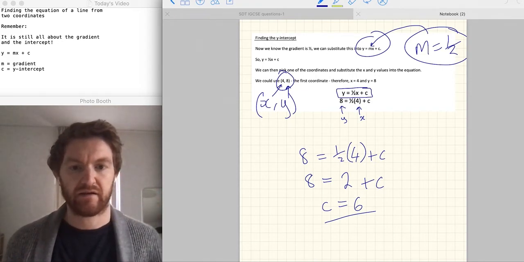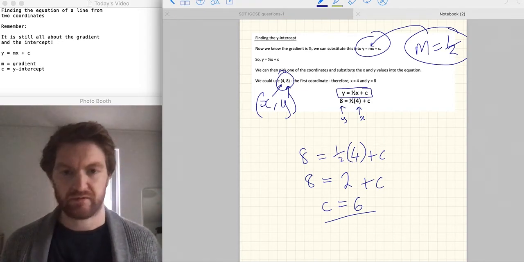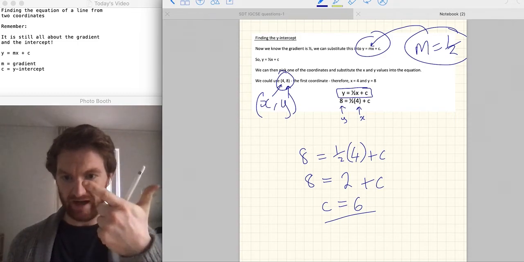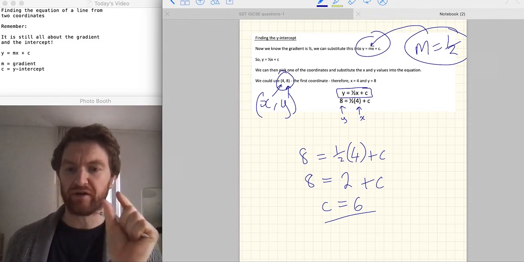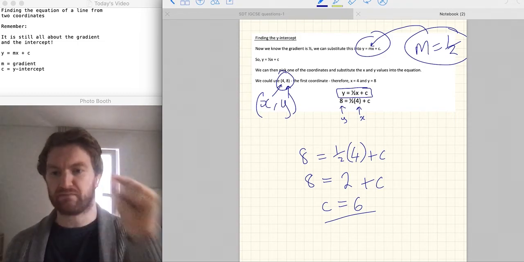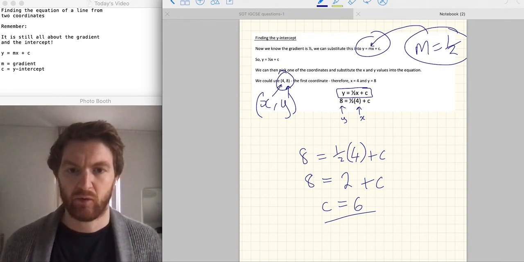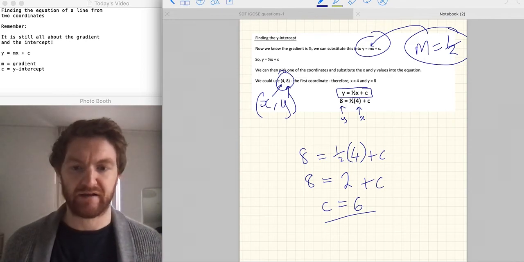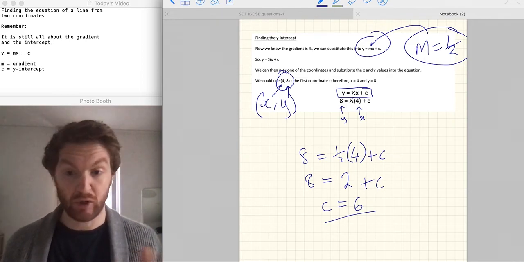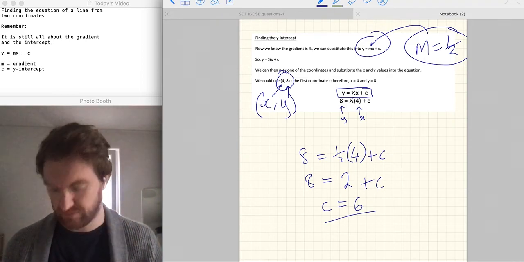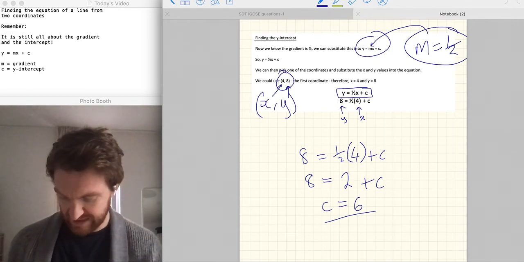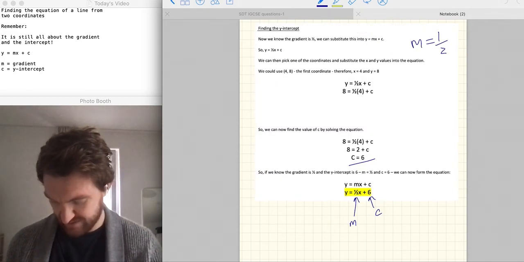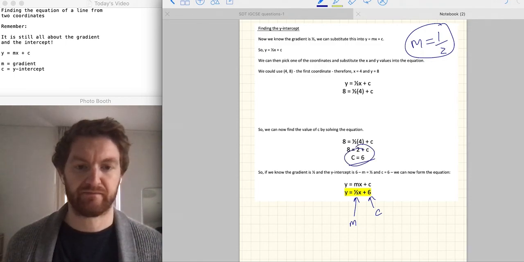Then you also put in a coordinate, because that gives you two values, an x and a y. Always use one whole coordinate; don't pick and mix from two. Once you put that in, you can solve the equation to get the value of c. It can be positive or negative, remember, and so can the gradient. Then finally, you take the m and the c and put them in the equation.